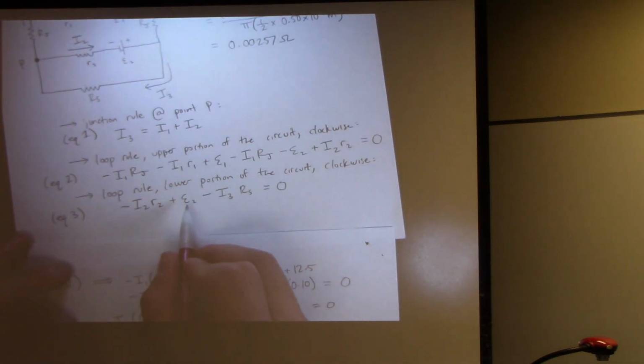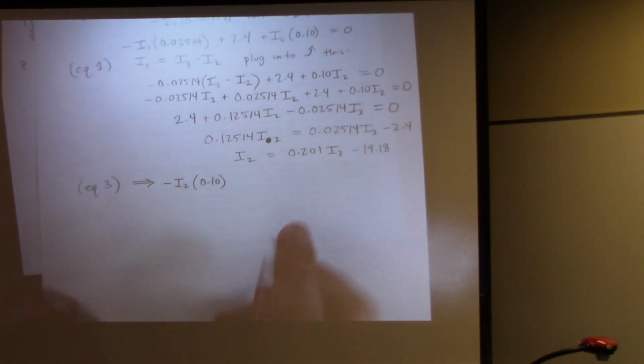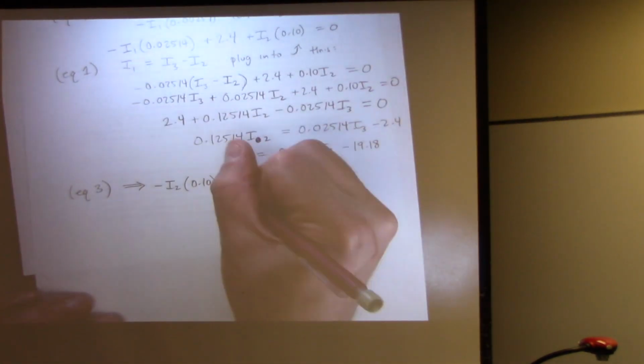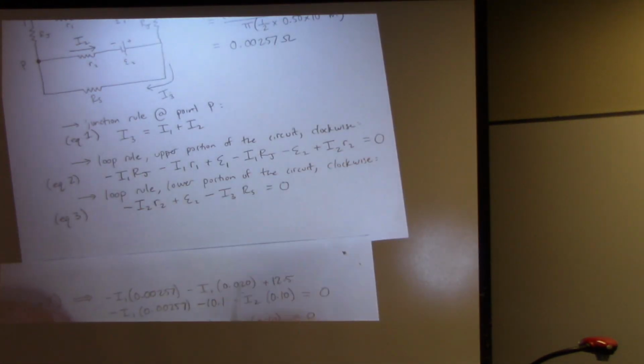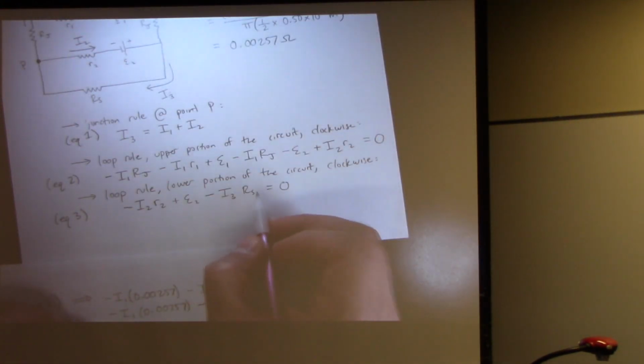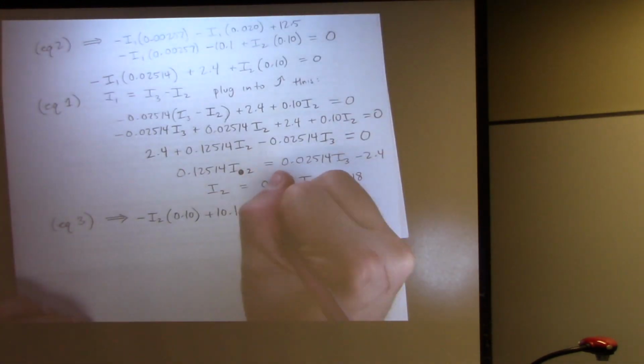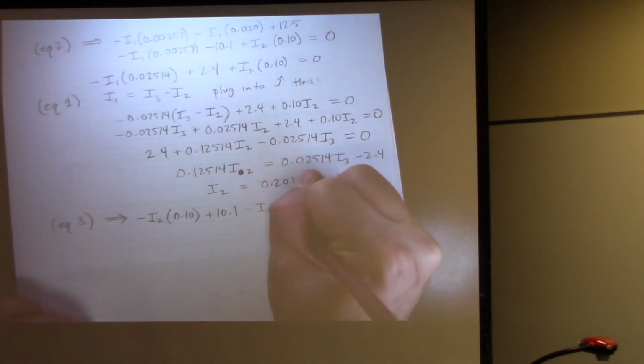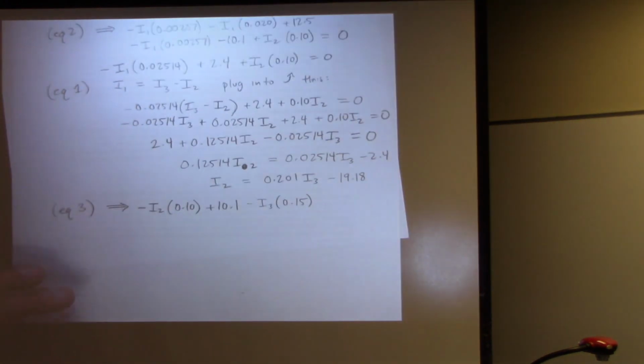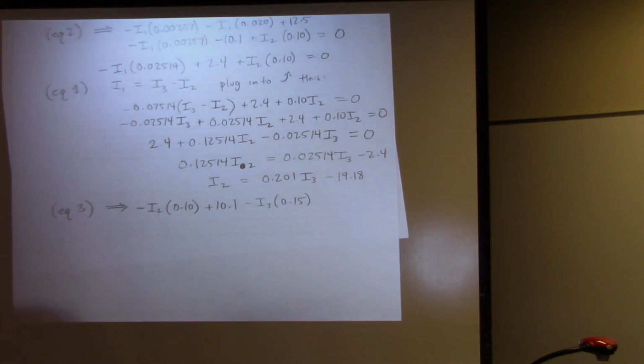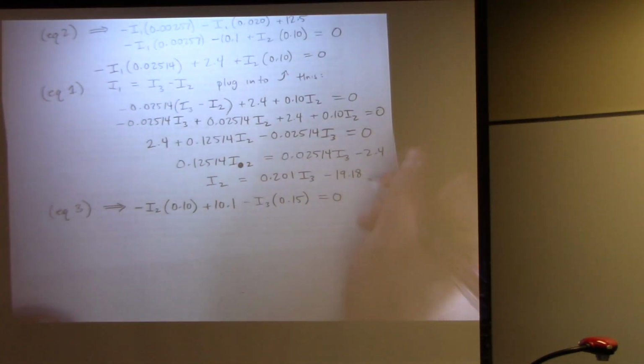Then we have plus epsilon 2, so that's going to be plus 10.1. And then we have minus I3 times RS. So that's minus I3 times 0.15. Just plugging in the given values here. That equals 0.